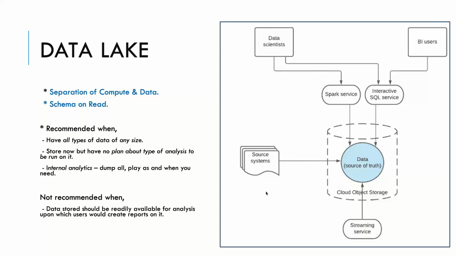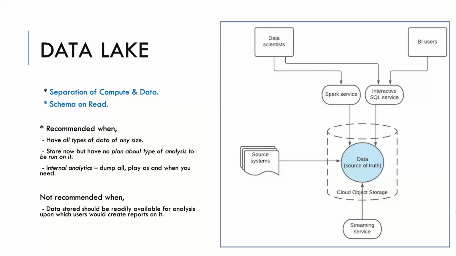For example, there is an ecosystem called Hive. In a data lake, the data will be stored as a CSV file or JSON file, whatever it may be. While querying, the table will be created: create table name with column 1, column 2, and column 3. And there will be another scenario. For example, in this example itself, you could see the two round rectangle boxes, Spark service and interactive SQL service.